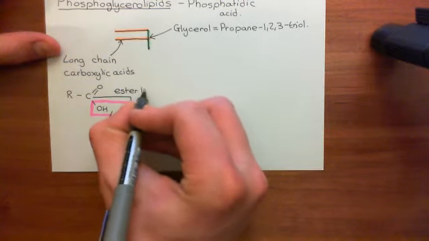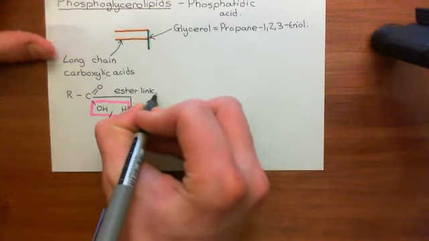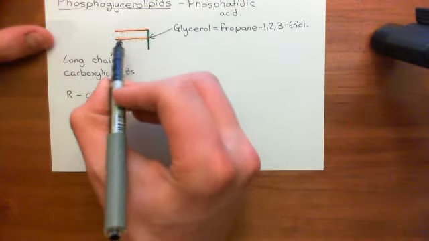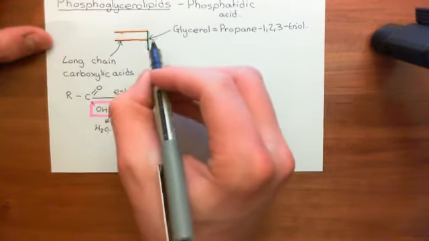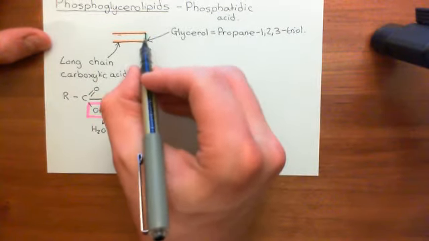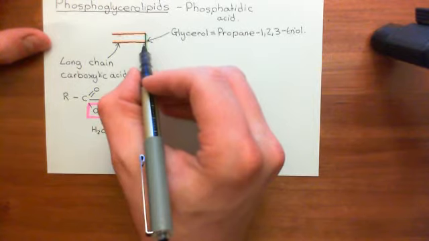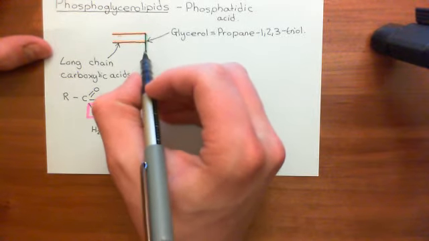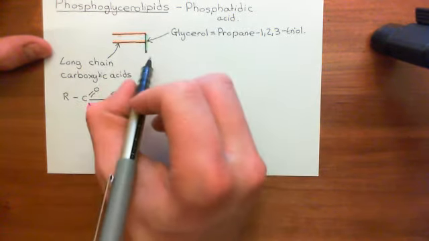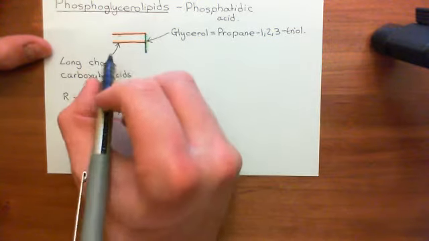This is how we're going to attach the carboxylic acid groups of these two long-chain carboxylic acids to the alcohol groups that come off the first and second carbons of the glycerol molecule. Now that isn't yet phosphatidic acid, this is just diacylglycerol.